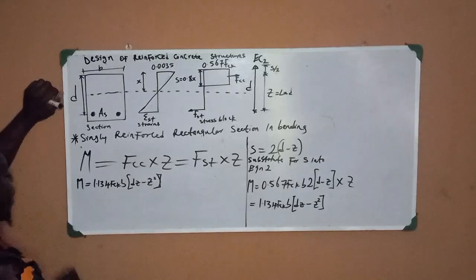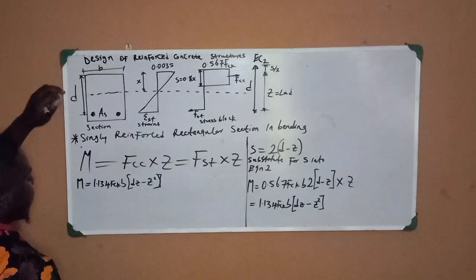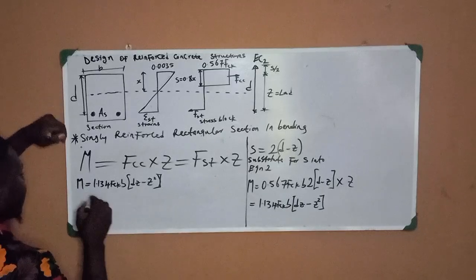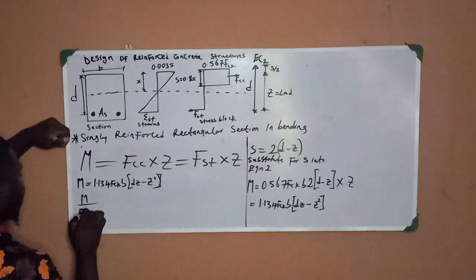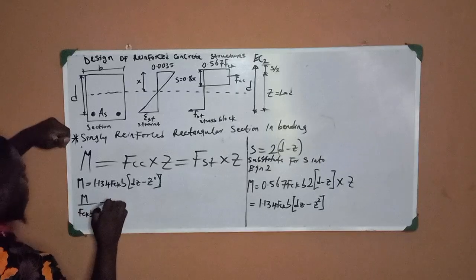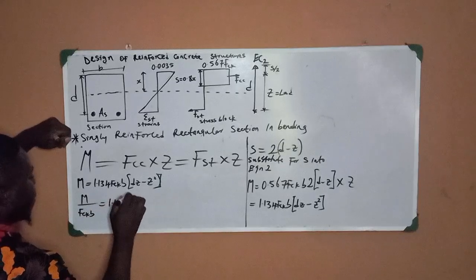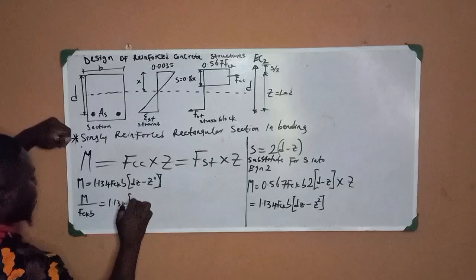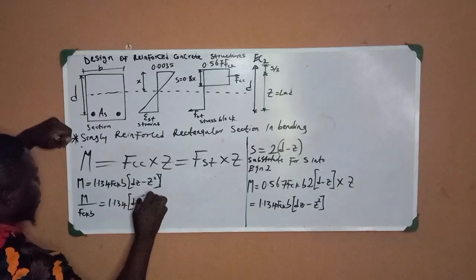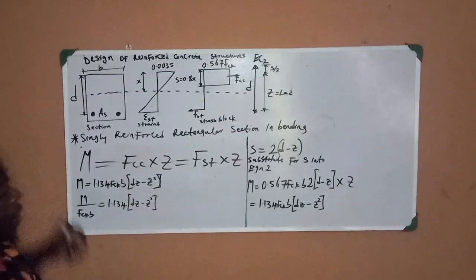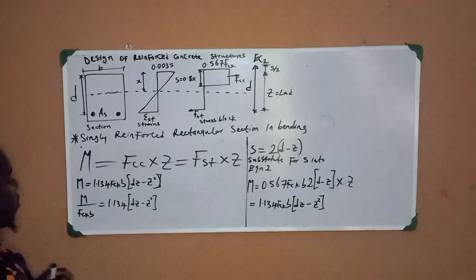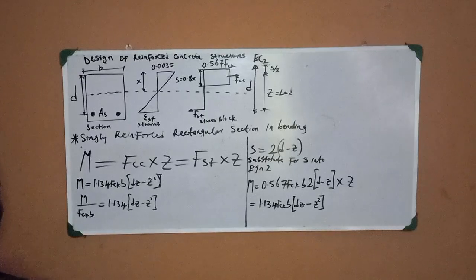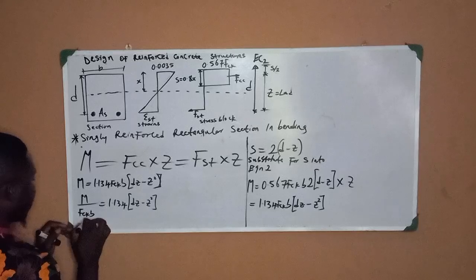If I divide through by 1, if I divide 2 by fck, I have that n over fck b equals 1.134 into dc minus z squared. I can equally further divide both sides, divide all through by d squared.